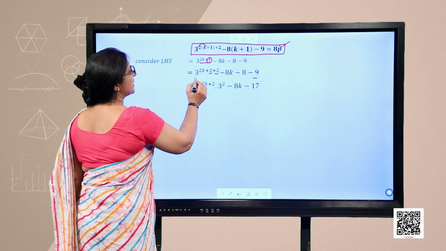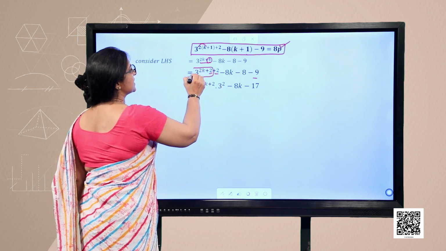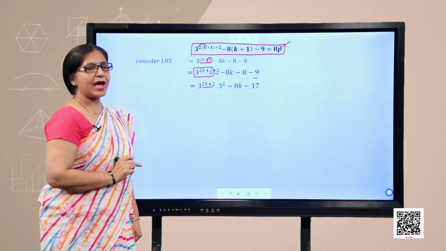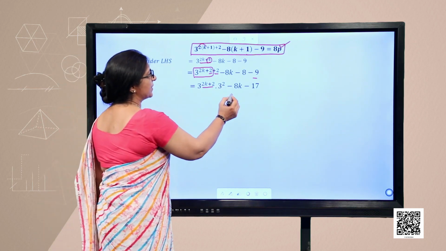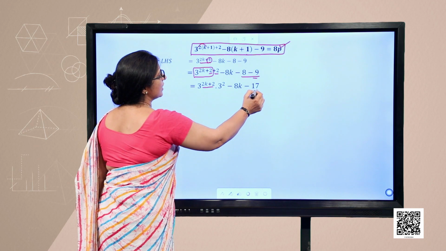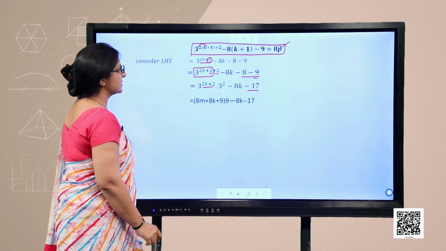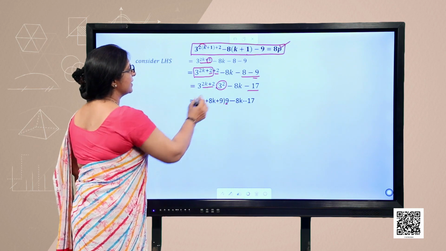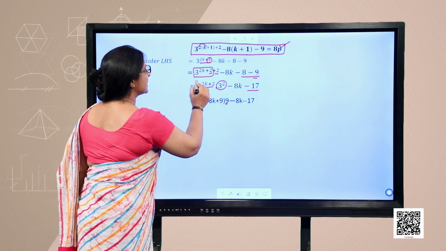And why have we split? We want to make this expression separate, 3 to power 2k plus 2 and 3 to power 2 separately, and adding these two terms. And the next is, this is 9 taken here, and what is this expression?